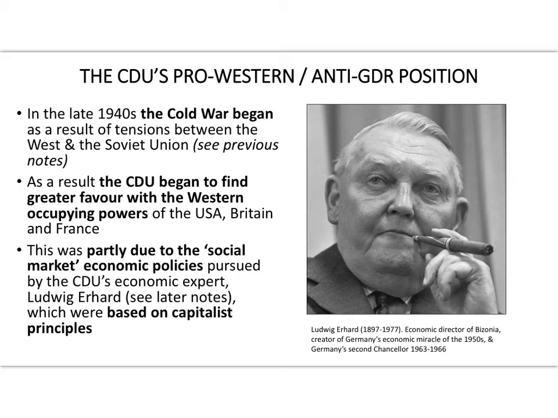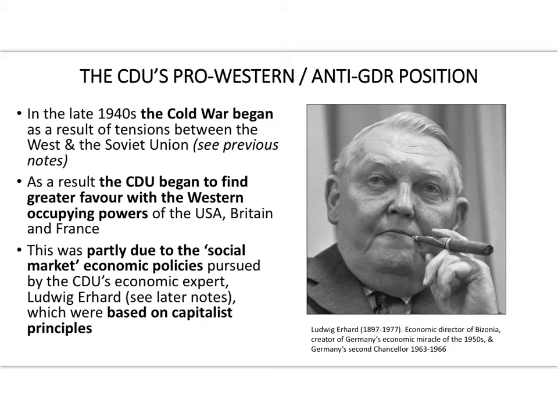With those Cold War tensions, the Western allies, now falling out with the Soviet Union, were looking to court a political party in West Germany, and Adenauer saw that as an opportunity. So the CDU began to find greater favour with the Western occupying powers of the USA, Britain and France.